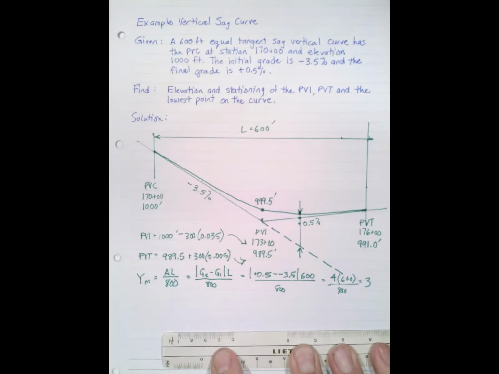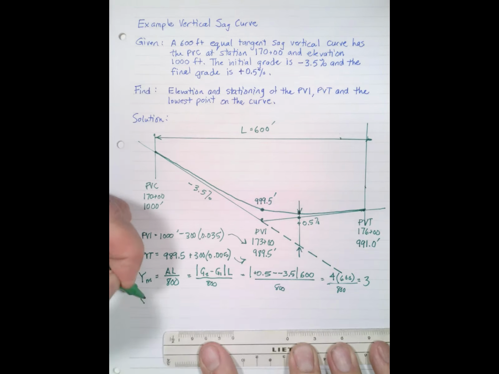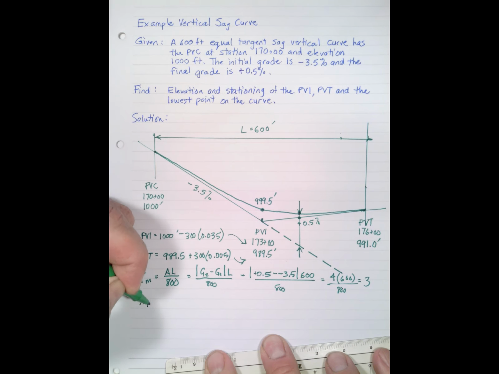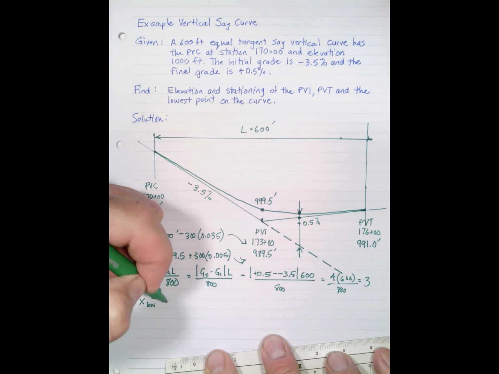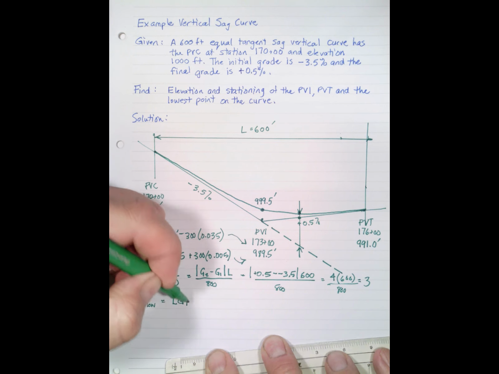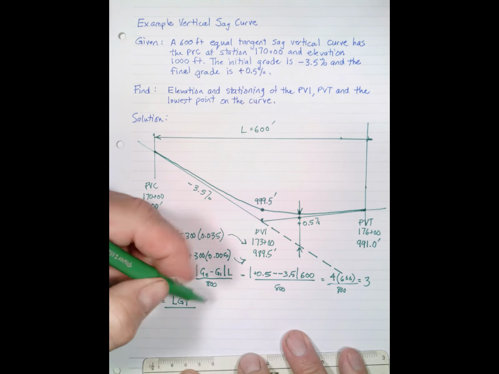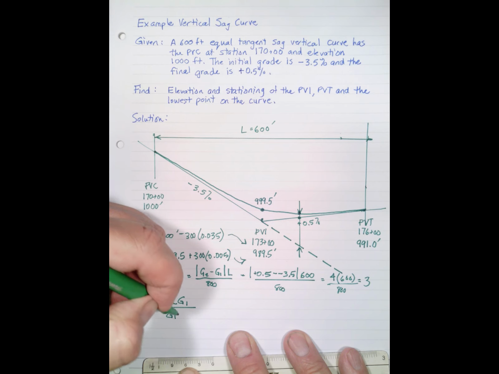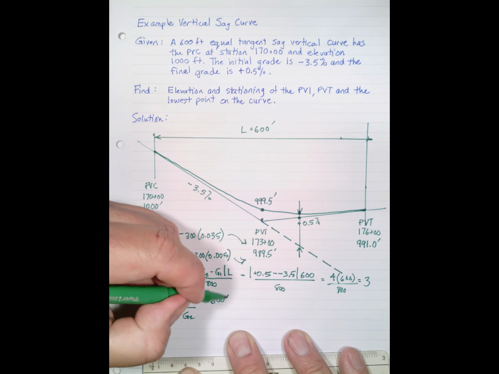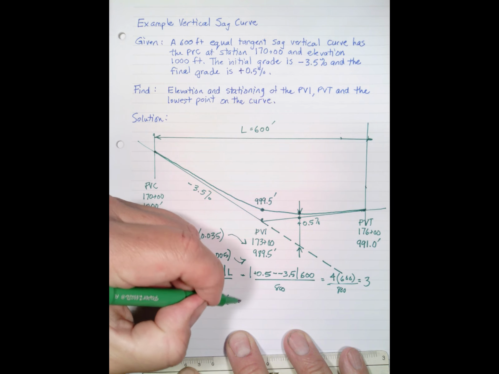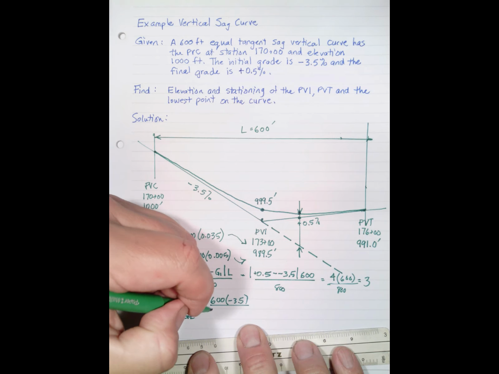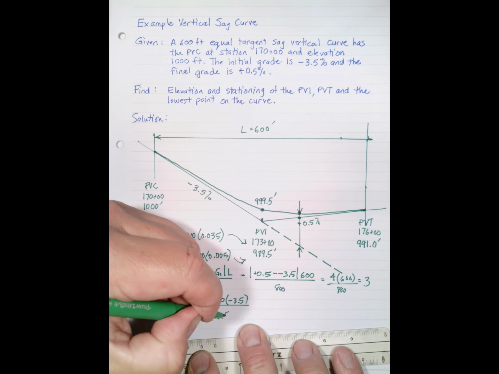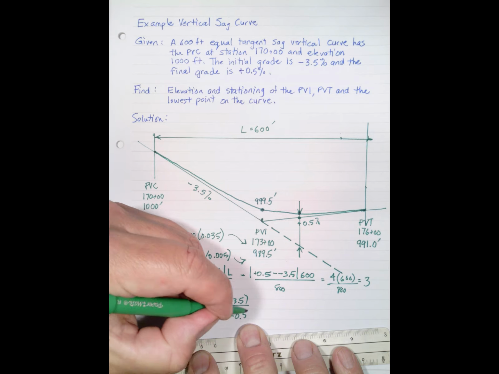So we know that. Next we want to find the x location, from left to right, of the low point. You remember our equation for that is L G1 over G1 minus G2. That's 600 times minus 3.5, slopes expressed as integers, over minus 3.5 minus 0.5.